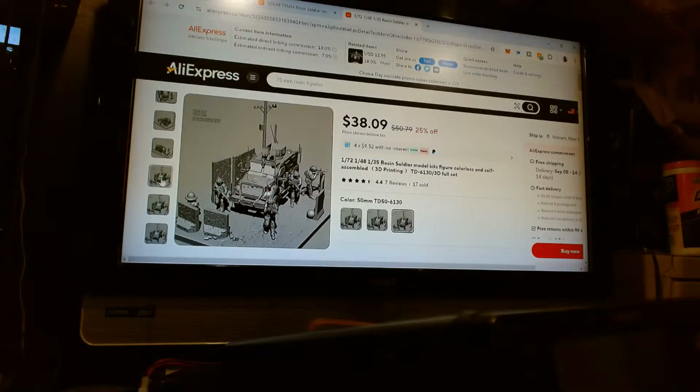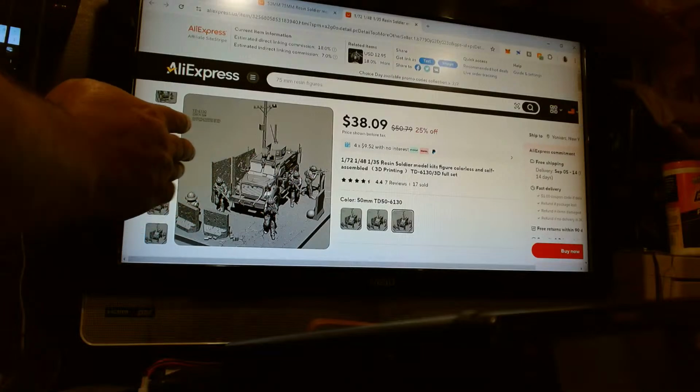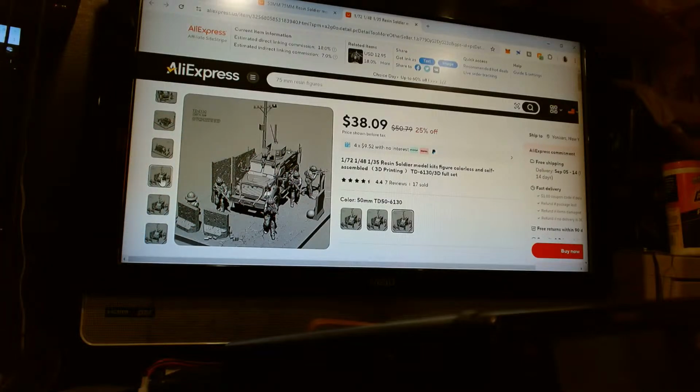So this is United States Army. I thought it was Israeli, but it looks like United States Army because I looked it up on this particular military model vehicle. IDF does not have these vehicles. This is only U.S. Army, and a few other countries do have them.